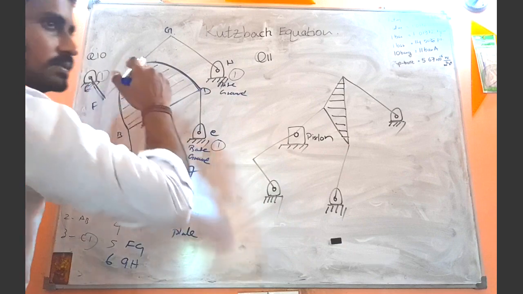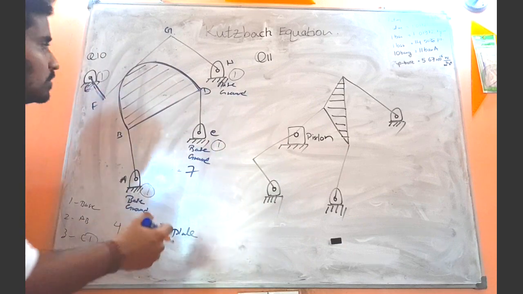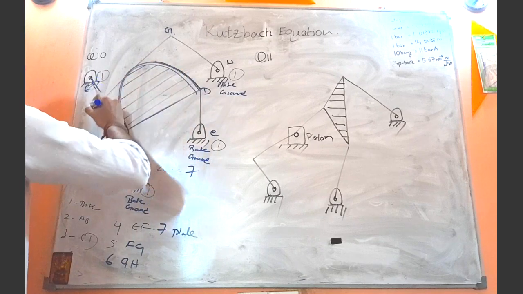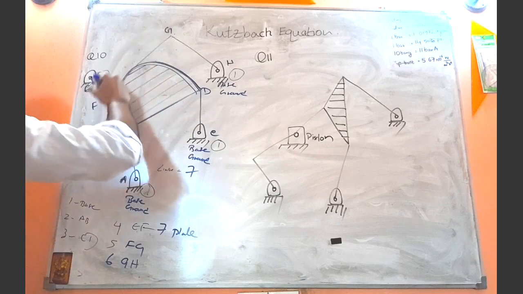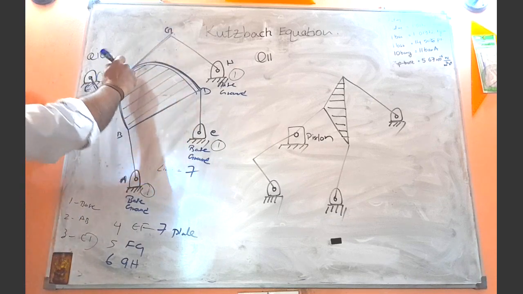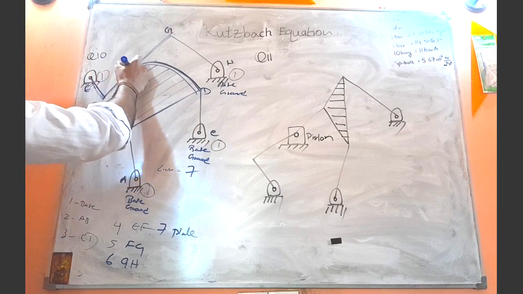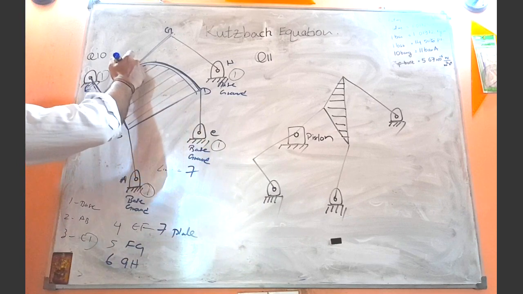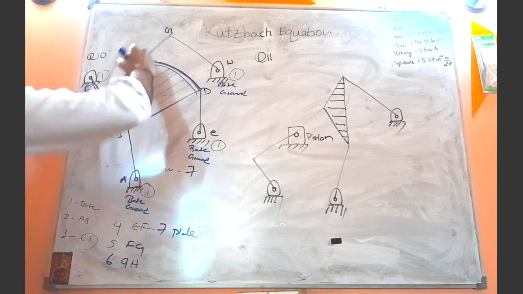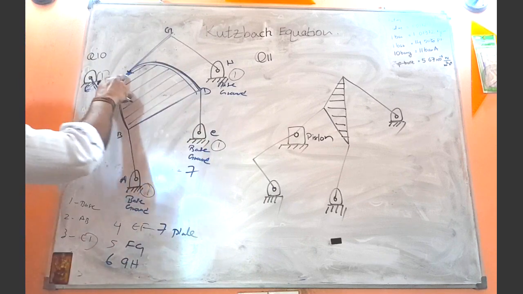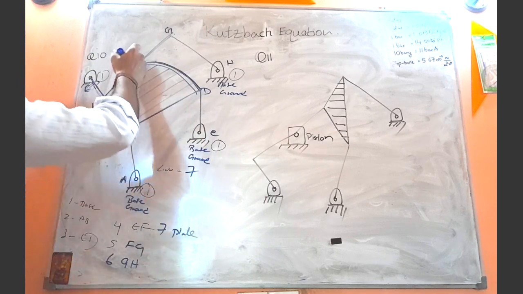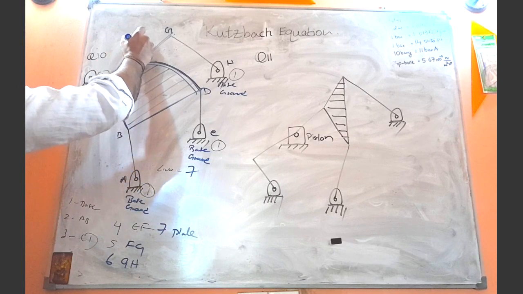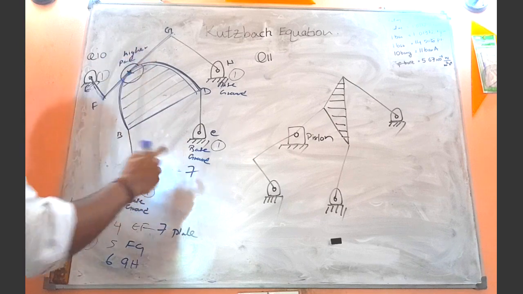If you consider the interface, or in other words how this plate is connected with this link FG, there we can observe a point contact, because a particular point is in contact, or there is a kind of line of contact. So this interface we can identify as a higher pair, right? You got it? So we have one higher pair.